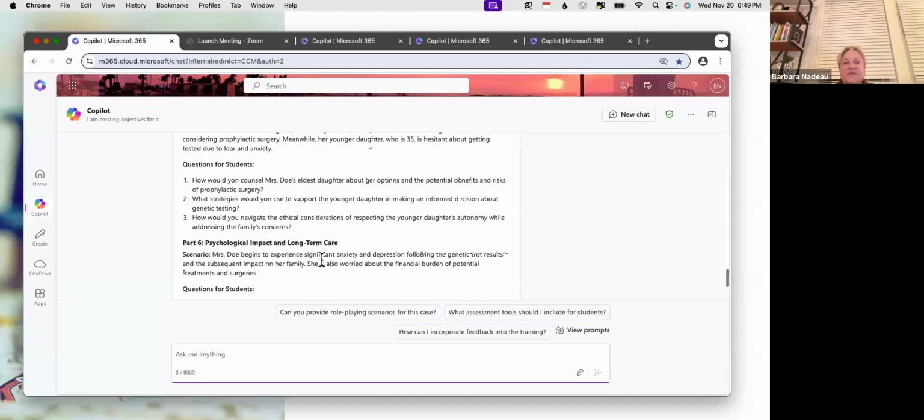Mrs. Doe becomes depressed. And so it's created more complexity. So it's a huge time saver. And again, often you're not going to use exactly what ChatGPT or Copilot gives you, but it really gives you a nice starting point and allows you to create interactive activities that don't take a lot of time to create.